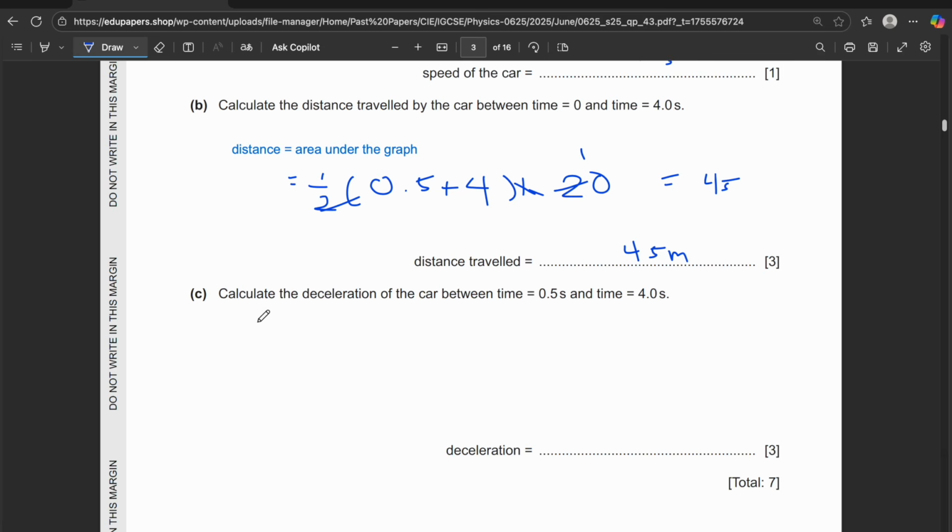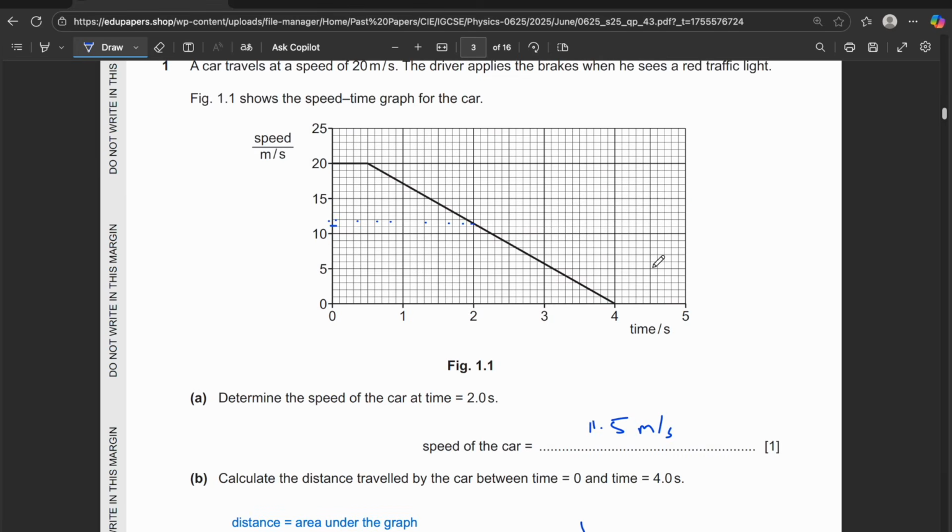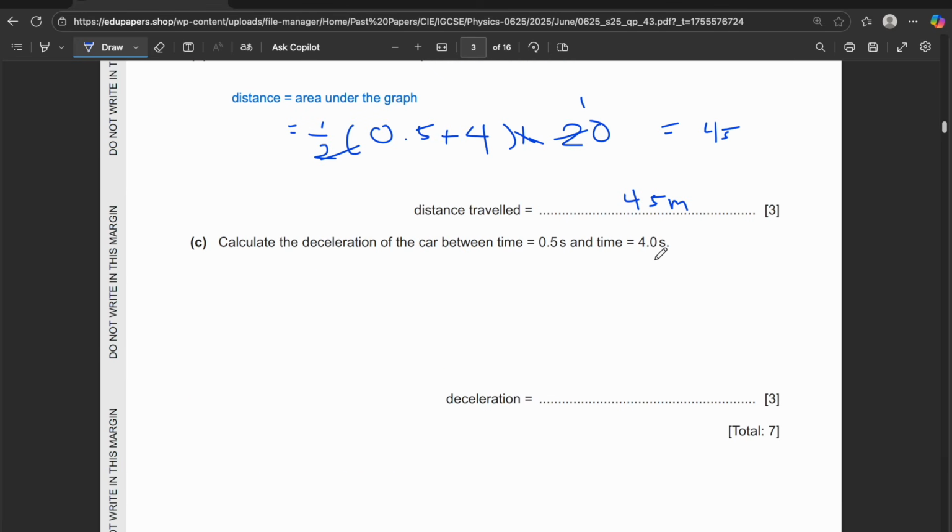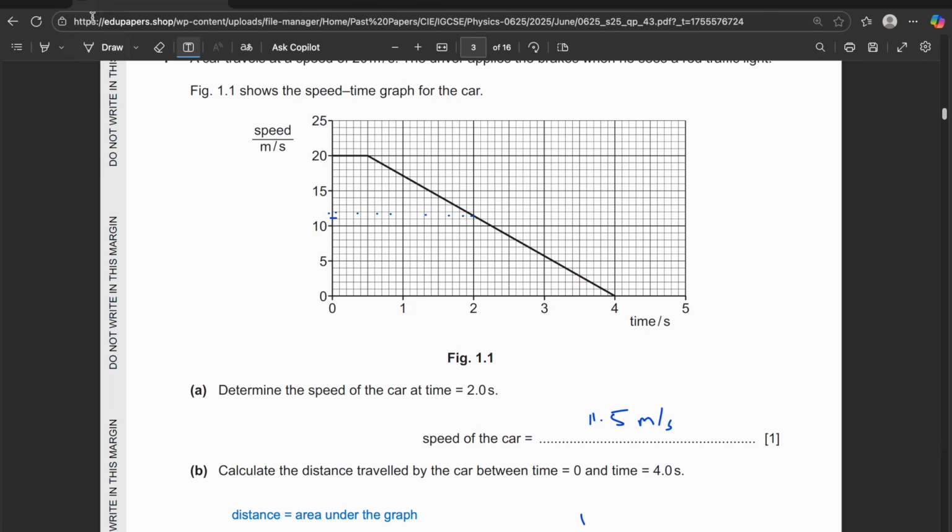C. Calculate the deceleration of the car between time 0.5 and time 4 seconds. So in speed time graph, you can get the deceleration by calculating the gradient. So you can write deceleration equal to gradient. So we can take any 2 points that we like.